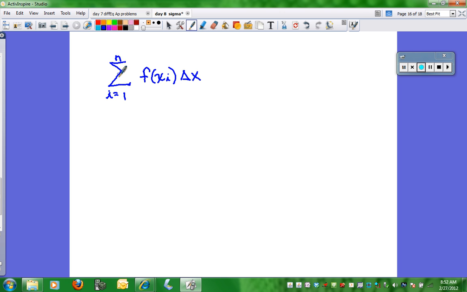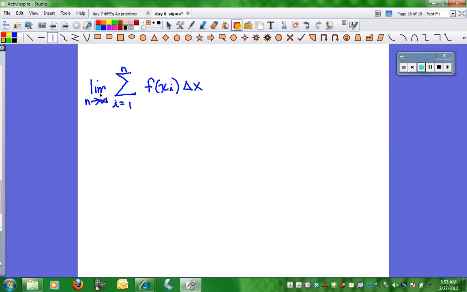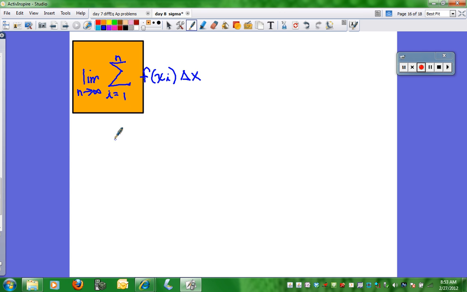So they used what they learned from before, this idea of a limit, and said, let's take the limit of this sum as n goes to infinity. So now they're finding the area of an infinite number of rectangles. This notation, the limit of the sum, again, this is my interpretation of history, they got tired of writing all that, and that limit of the sum eventually became the definite integral of f of x dx.